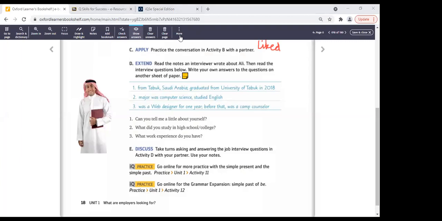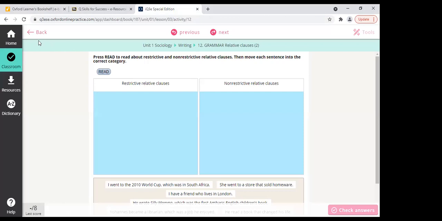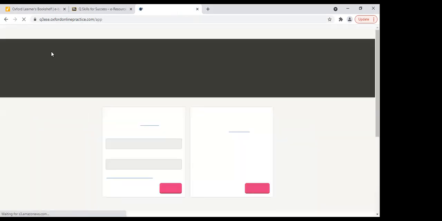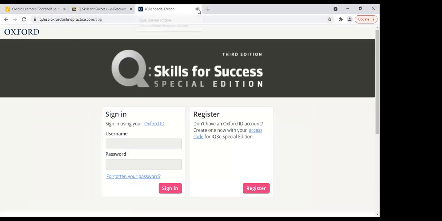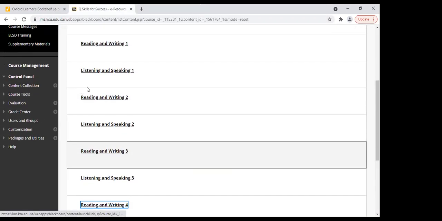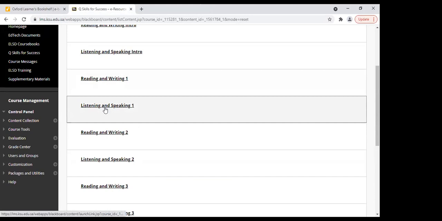How do I remove this? This is what listening and speaking. Yes, listening and speaking one.